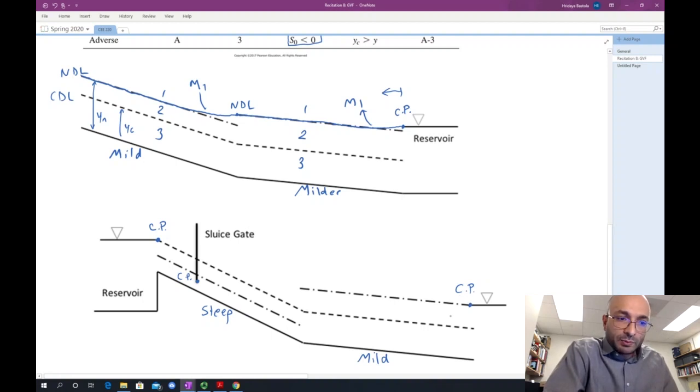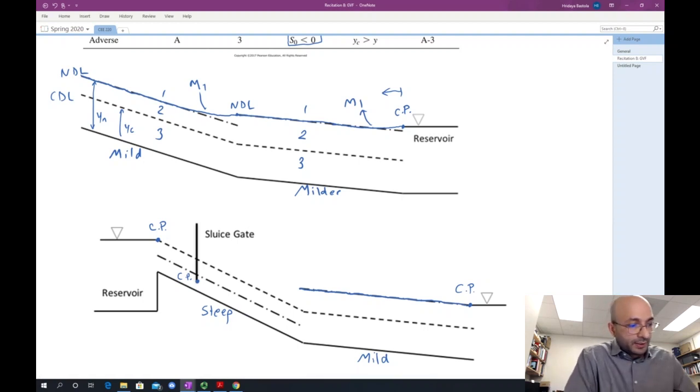So from the control point, the water depth is already at normal depth, so there's no curve here, and water will continue to be at normal depth unless it meets a forcing agent that will cause it to change depth. So we'll stop where the channel slope change occurs, and then we go to the upstream reservoir.